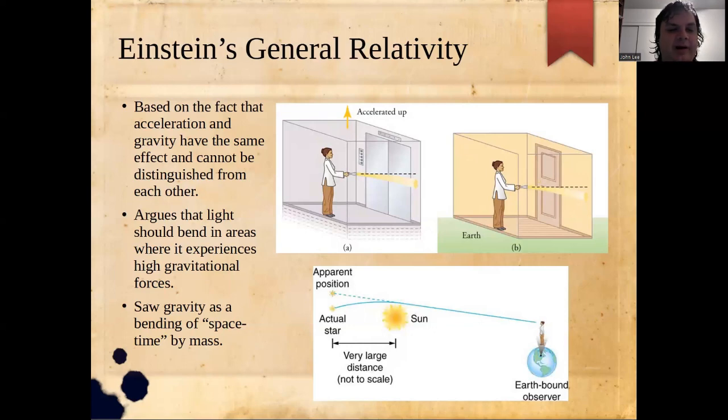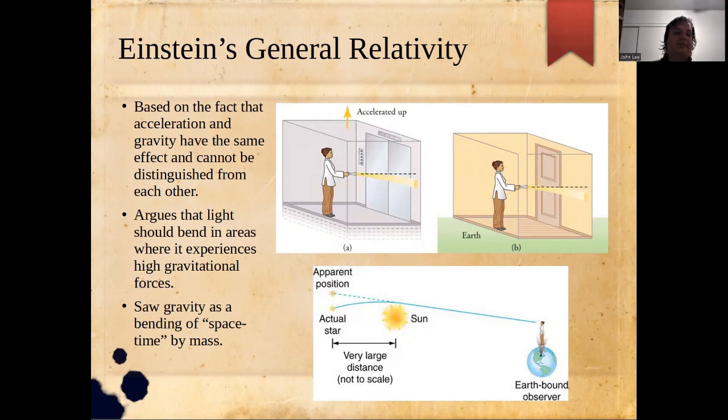And then the way that we can tell that this is true is because we look at stars, and as you see in the bottom picture, an actual star, as the light goes past the sun, the light bends and it looks like the star is in a different position than it actually is.